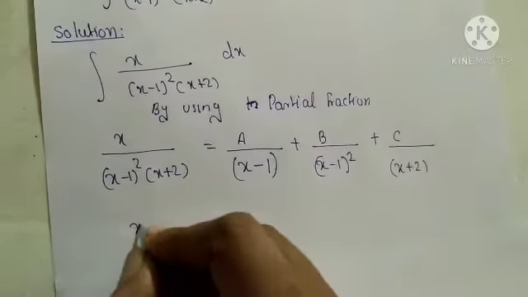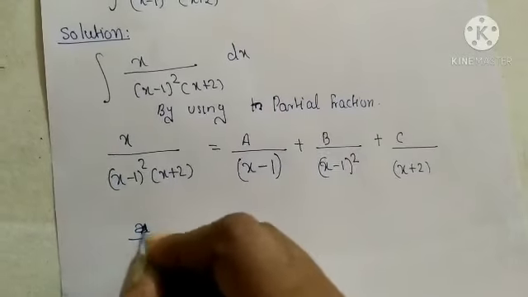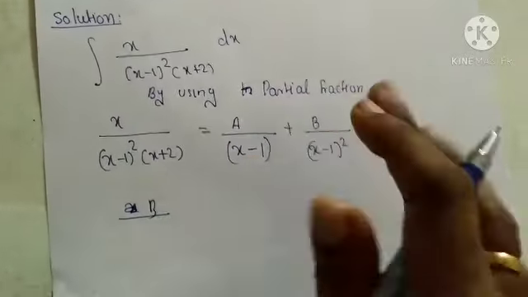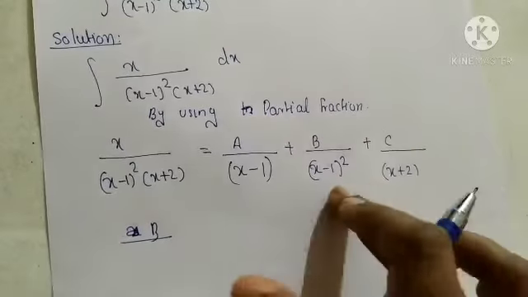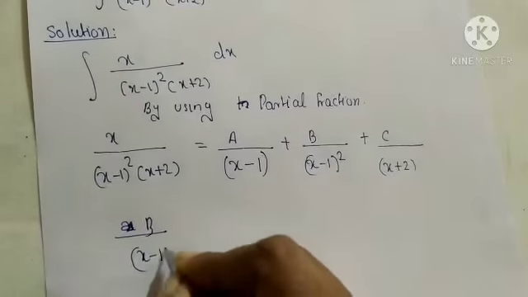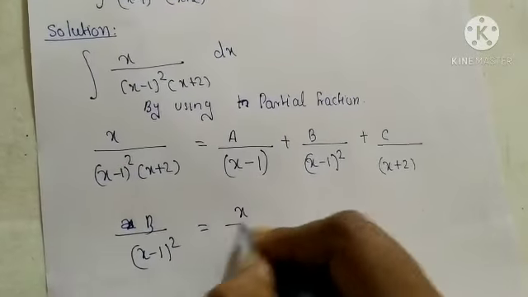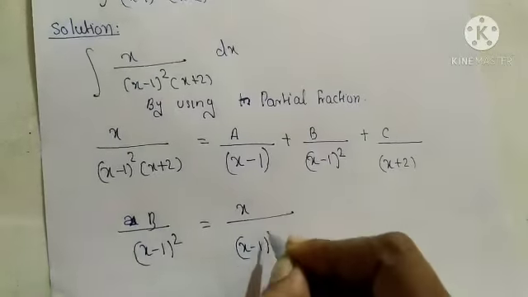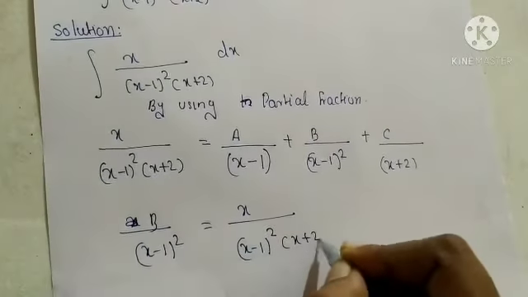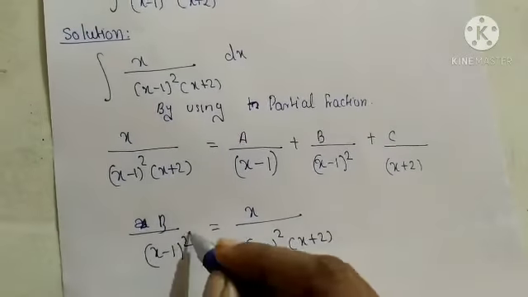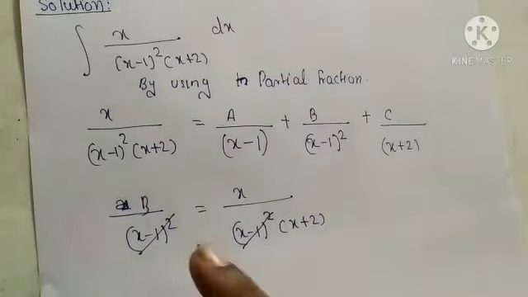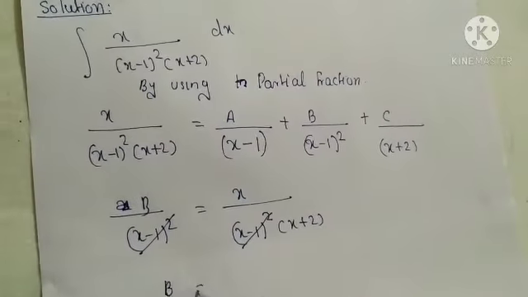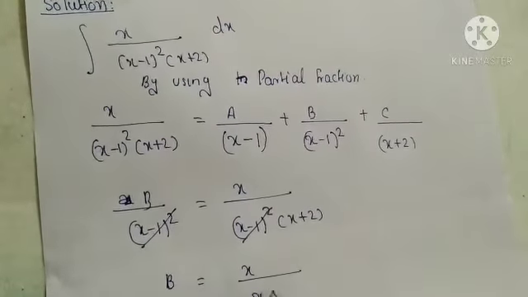I'm going to write this term equal to this term. Okay, so x divided by, first write the b part. So just removing these two terms, here we get b divided by x minus 1 the whole square is equal to x divided by x minus 1 whole square into x plus 2. And in these two terms, x minus 1 whole square is present, so they cancel each other, and here we get b equal to x divided by x plus 2.